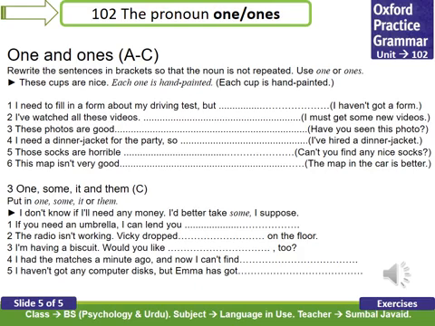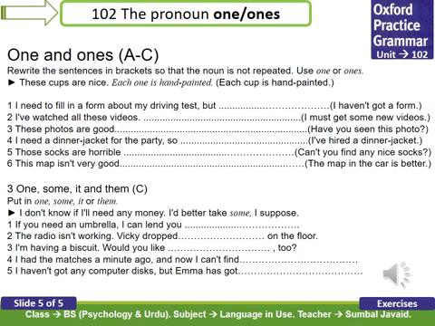I need a dinner jacket for the party, so I hired a dinner jacket. आप ये कहेंगे I have hired one. Okay. It was about the I need a dinner jacket for the party. I have hired one. Those socks are horrible.